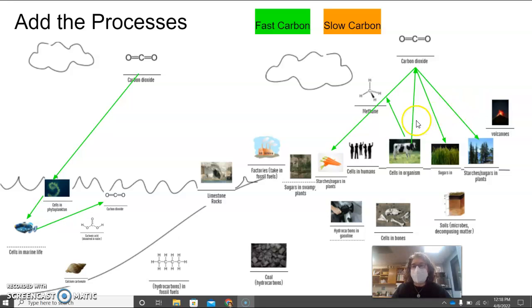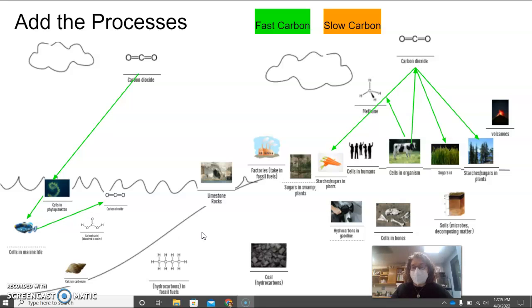You'll notice that I've started to represent some other fast carbon processes, originating in this case from the cells in the organism of our cow here, and also originating from our fish that's in the ocean here. You'll also notice that I've included a fast process here between phytoplankton and fish. I haven't yet labeled those, so this is an in-process diagram, but yours is going to start to look something like this.